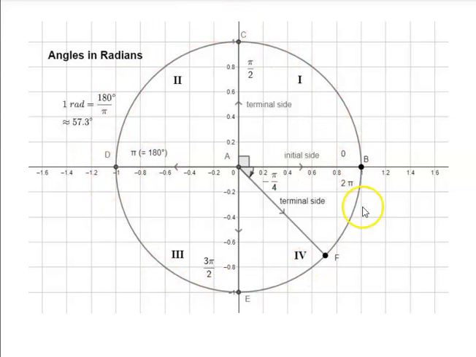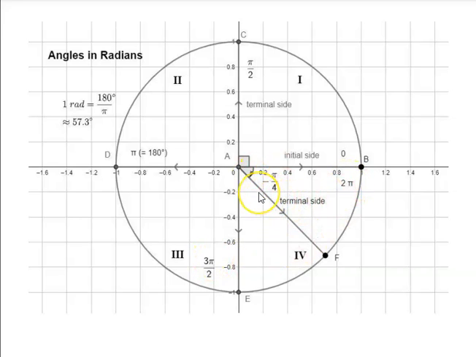One revolution is 2 pi, and that's 2 pi radians for that angle. So halfway around is pi, that's 180, and a quarter way around is half of pi, or pi over 2. Pi over 2, pi, 3 pi over 2, and 2 pi.